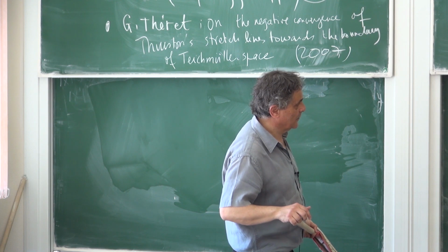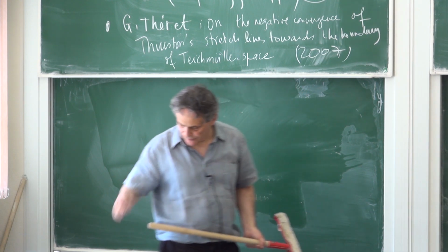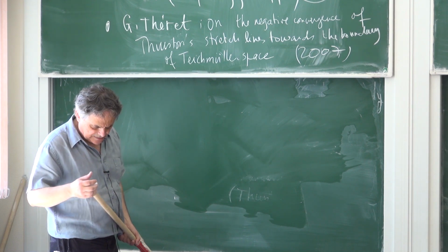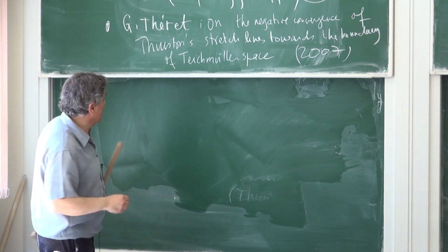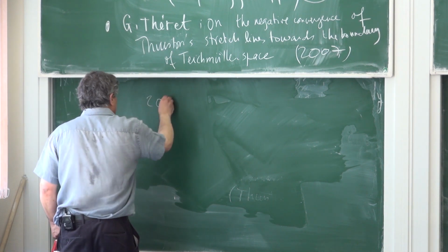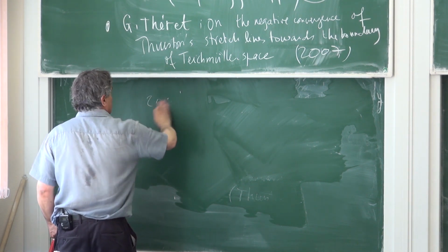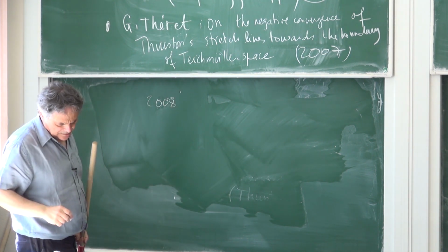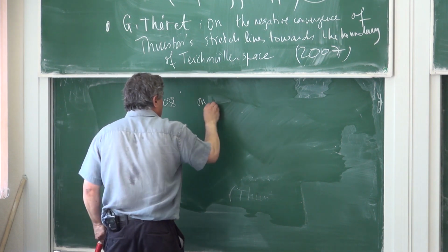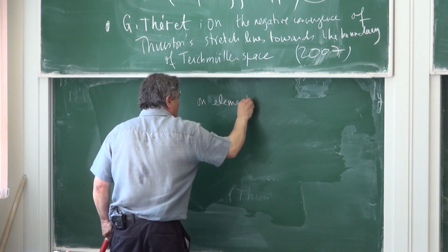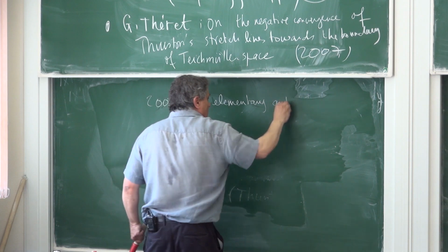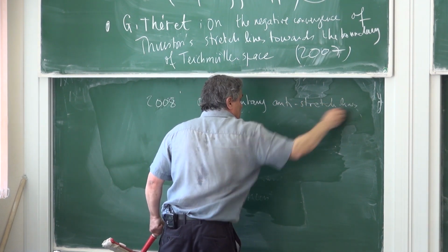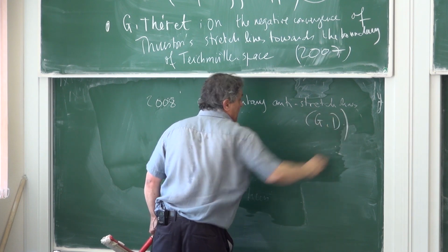In fact, when you learn a little bit of this theory, which I will try to do. And then he has another paper. This is 2008, and this is called on elementary anti-stretched lines, and this is in Geometriae Dedicata.